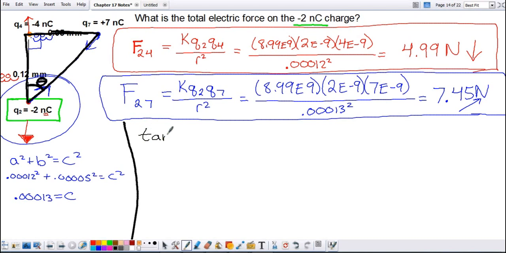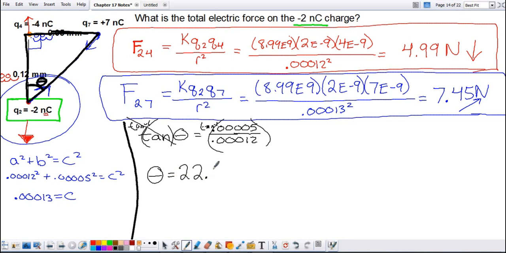The tangent of this angle, theta, is equal to the opposite side, 0.00005, over the adjacent, 0.00012. Now to solve this, I have to take the inverse tangent of both sides. Tangent and inverse tangent cancel on the left, and I'm left with 22.6 degrees for my angle.